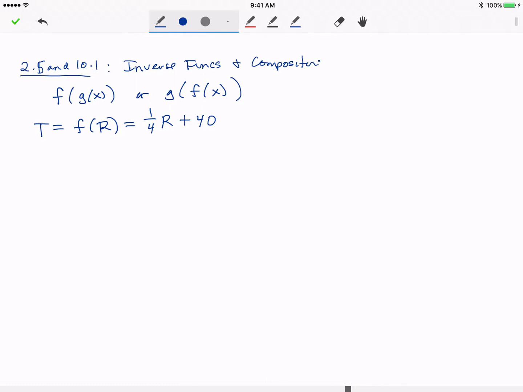So for example, if we have the chirp rate, we can predict the temperature, right? At a chirp rate of 1, the temperature is going to be 40.25. If the chirp rate is 4, we're going to have a temperature of 41 degrees, right? So this is what this function predicts.